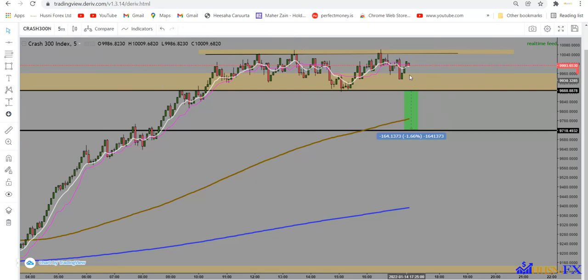Use proper risk management and do not place your SL above here. Place it somewhere like here. Use a risk of 1 to 2, that is okay.